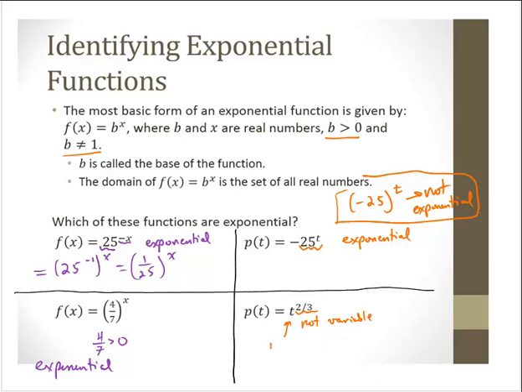And t is not a constant. See, this is what's called a power function. Alright, so in general what we're looking for is the base to be a number, a constant, and the exponent to be variable.